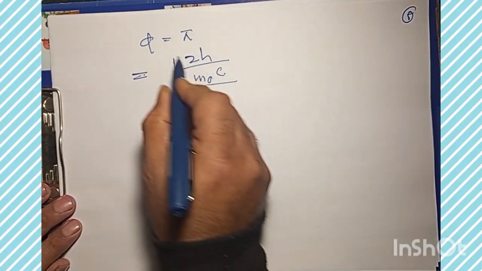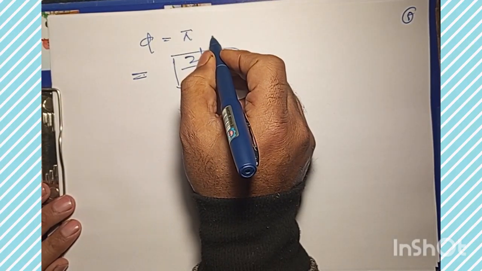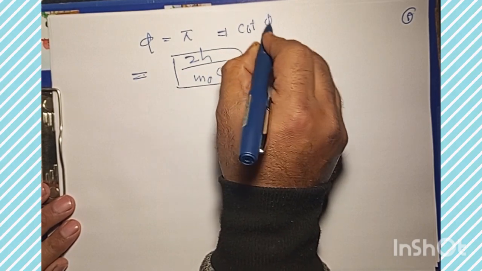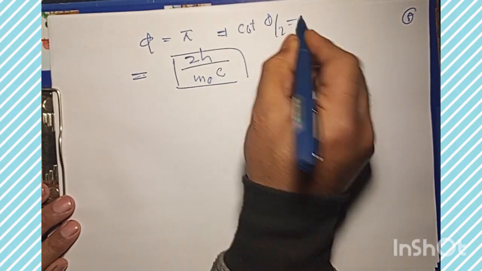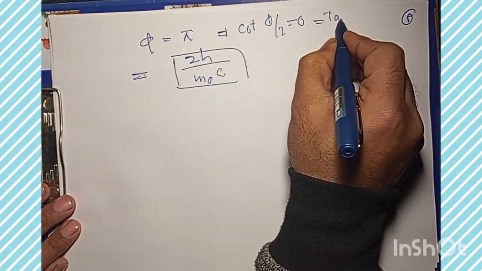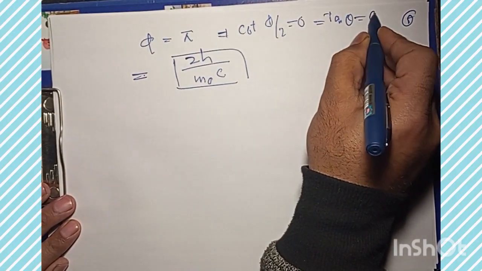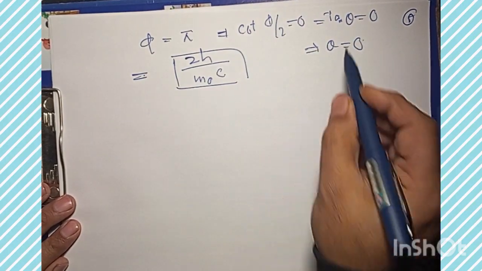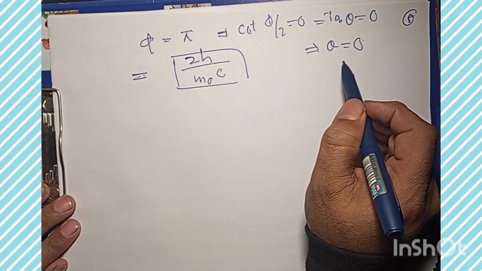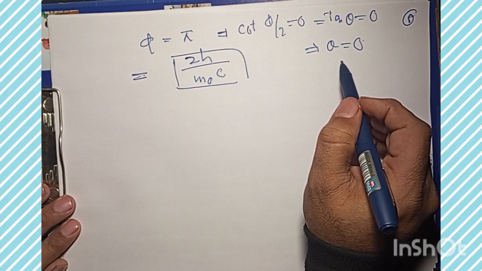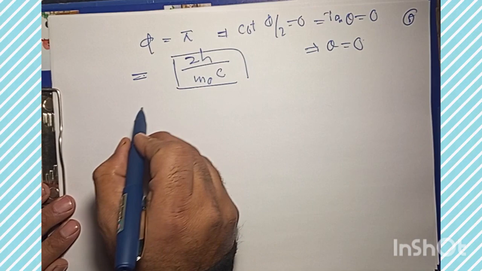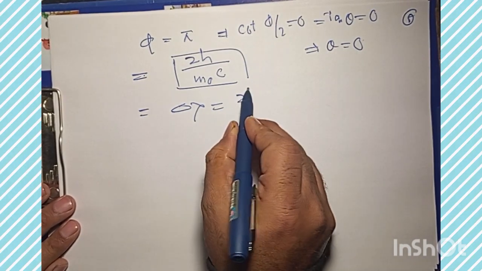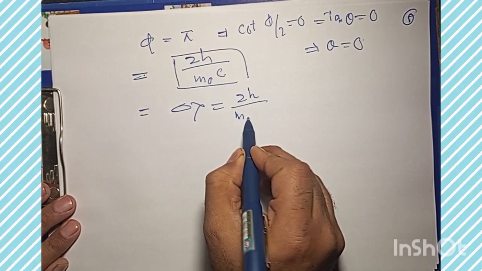I'll get it because phi equal to pi means that this cot phi by 2 is 0, and that implies that tan theta is 0. Now, if tan theta is 0, that means theta is 0, right? So if theta is 0, we will have this Compton shift in this case, that's delta lambda, that will come out to be 2 times h by m naught c.